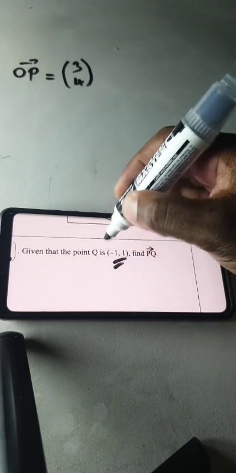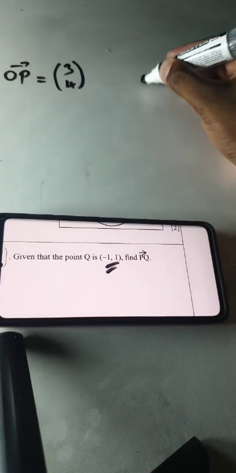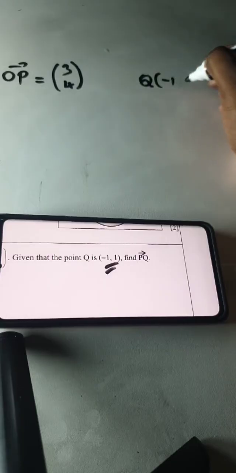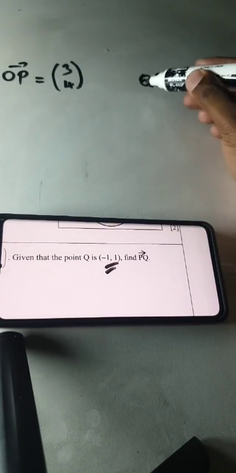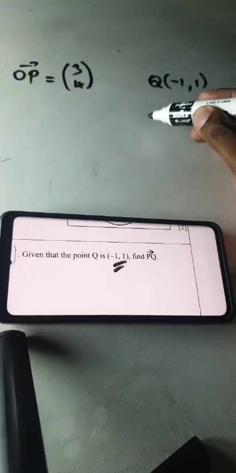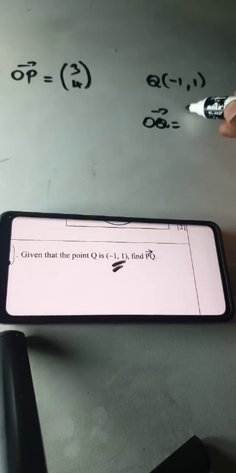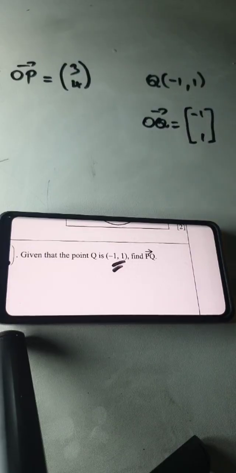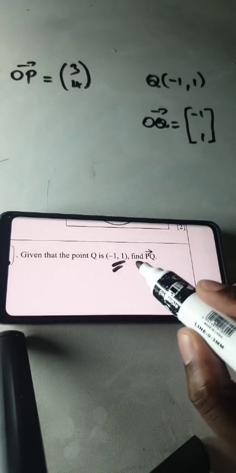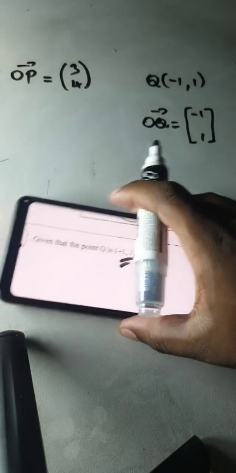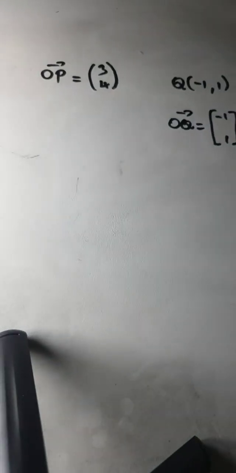So Q, which is (-1, 1), can be changed into a position vector as well. We say OQ is equal to (-1, 1). Are you seeing that, my good friends? So now we can find vector PQ.